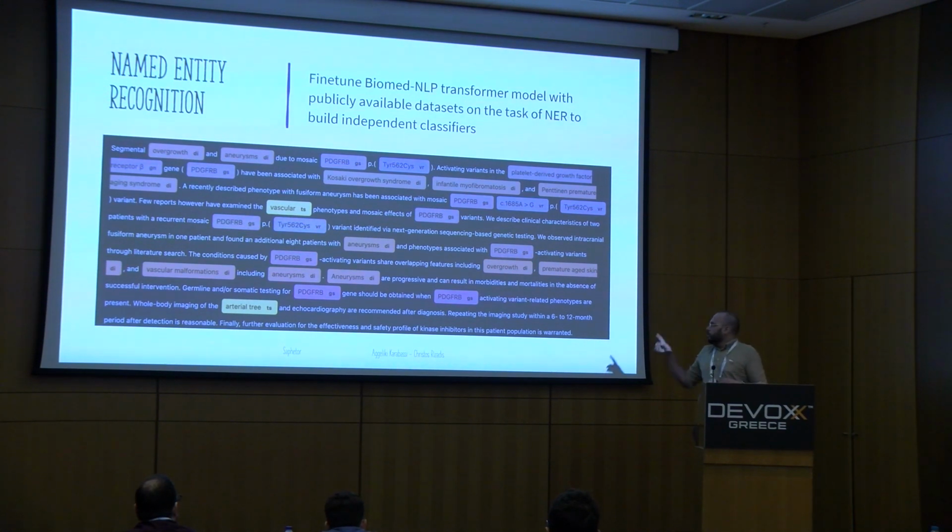As you can see here, for example, we tag for genes, diseases, variants, etc. We have, for example, 3 classifiers predicting for genetic entities, and we later combine their output in order to increase our overall F1 score.